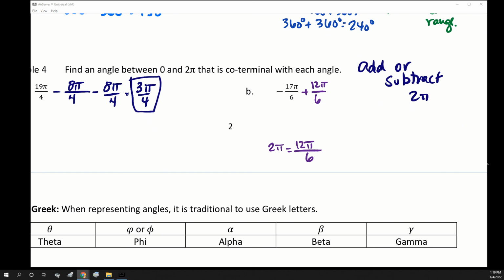So when I add that one time, negative 17 pi over 6 plus 12 pi over 6, that's negative 5 pi over 6. So then I'll add it again, and then negative 5 plus 12 is going to be 7. That's what we're looking for.